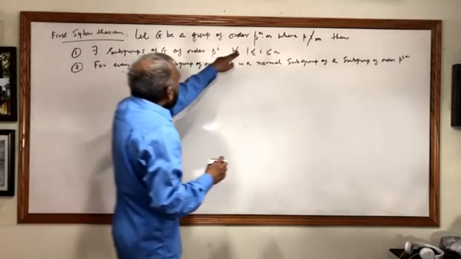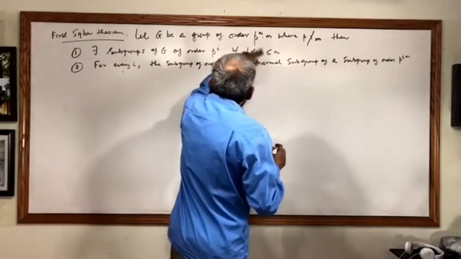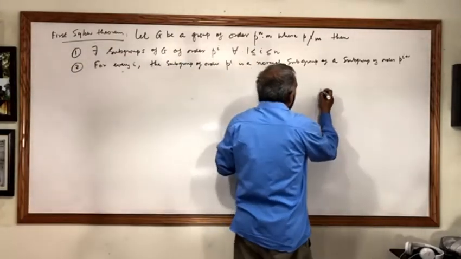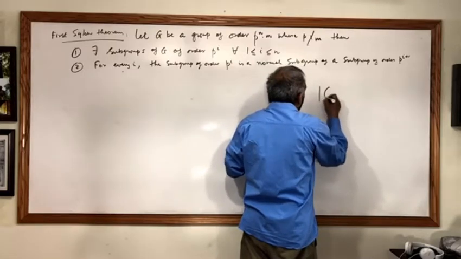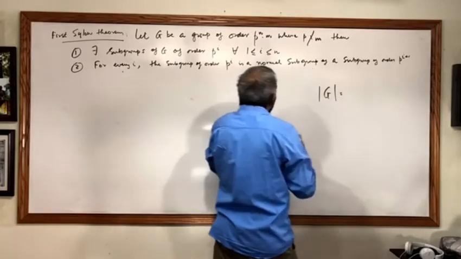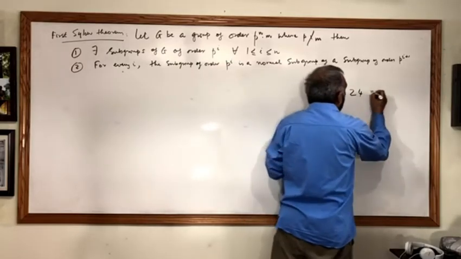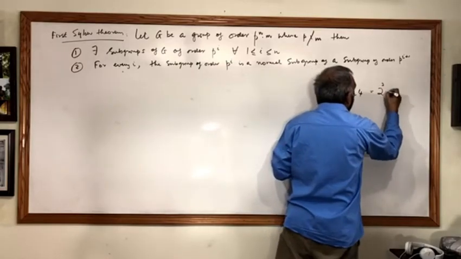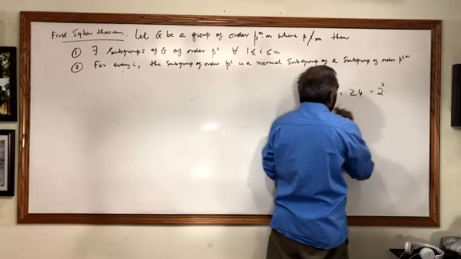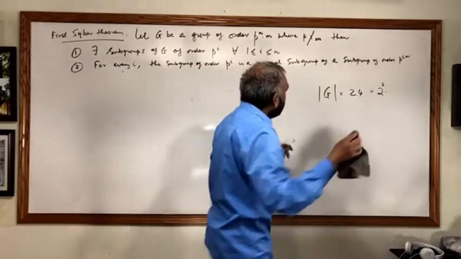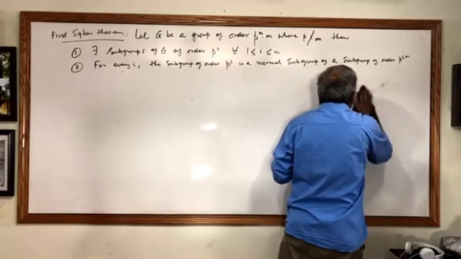So, meaning, let us take an example here. Suppose the order of G is equal to 24, and that means 2 cube times 3. Let us not take 24 because I don't want to make 3 different.